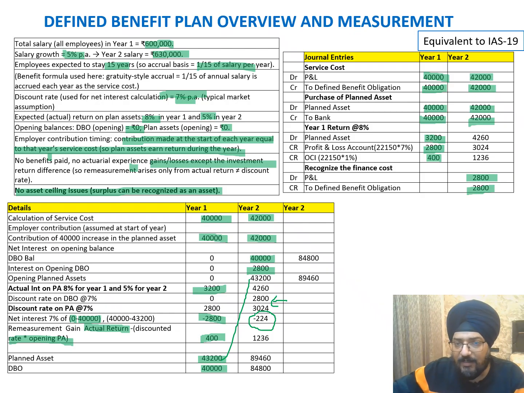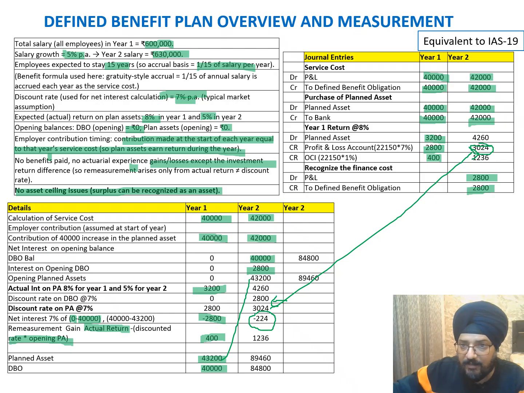So what will happen? In my planned asset, the total interest earned is 4,260. My profit and loss account is 3,024, which is nothing but this amount, and my P&L charge is 2,800.